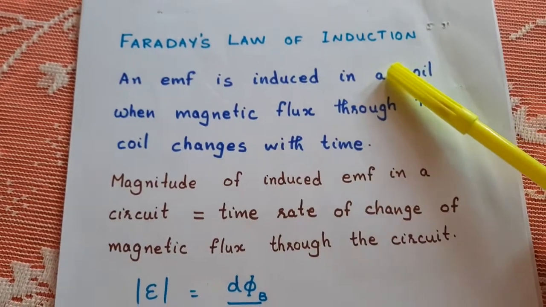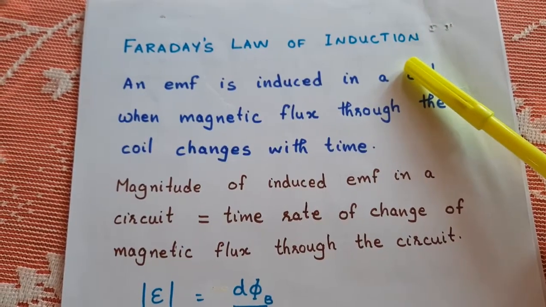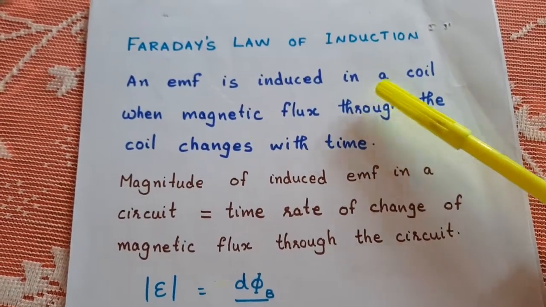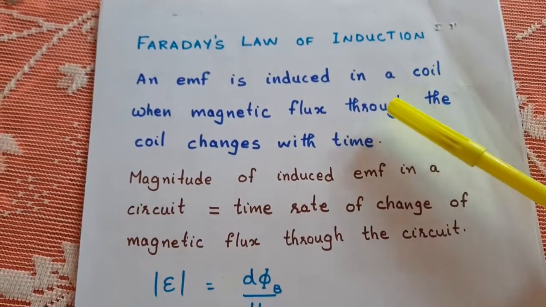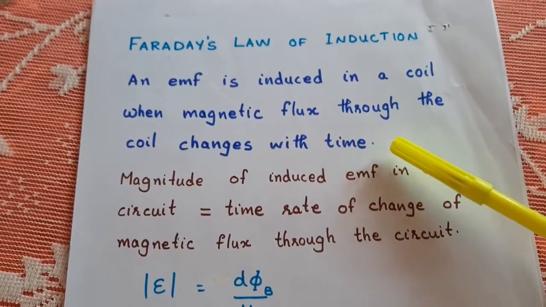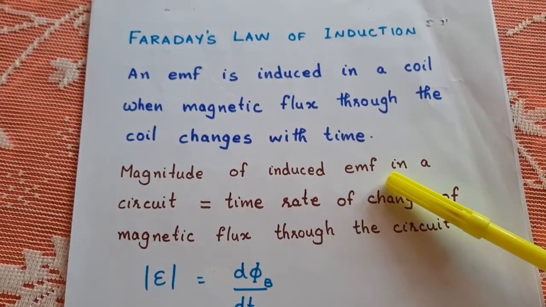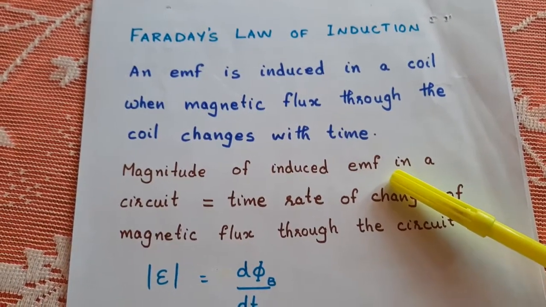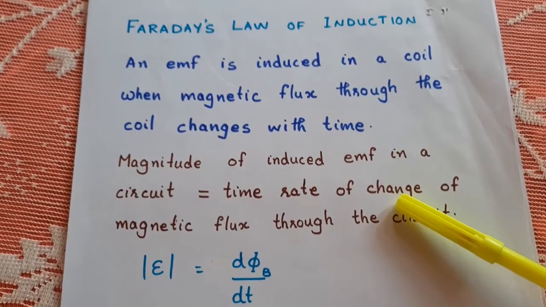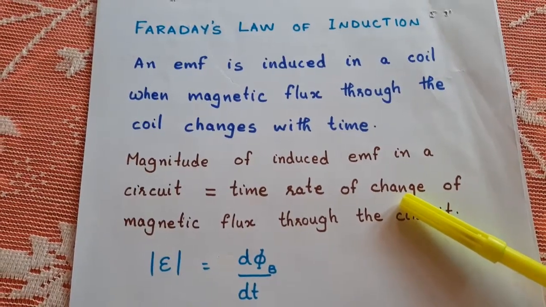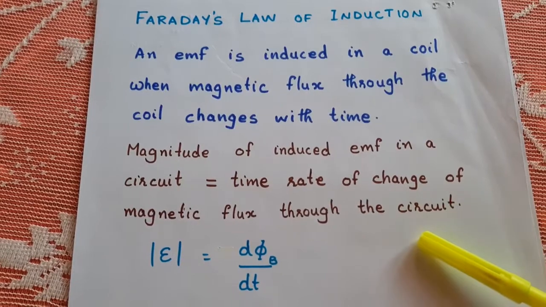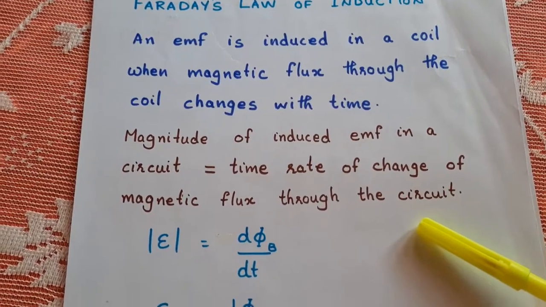According to Faraday's law of electromagnetic induction, an EMF is induced in a coil when the magnetic flux through the coil changes with time. The magnitude of the induced EMF in a circuit is equal to the time rate of change of magnetic flux through the circuit.